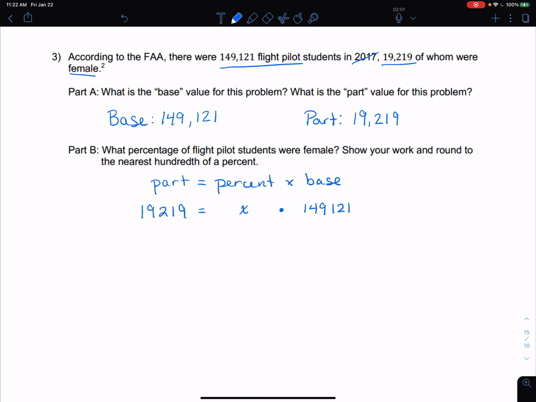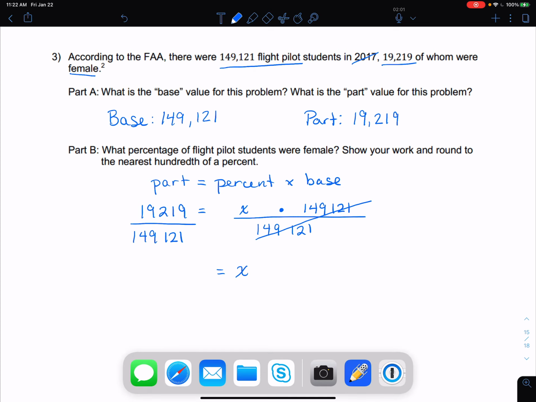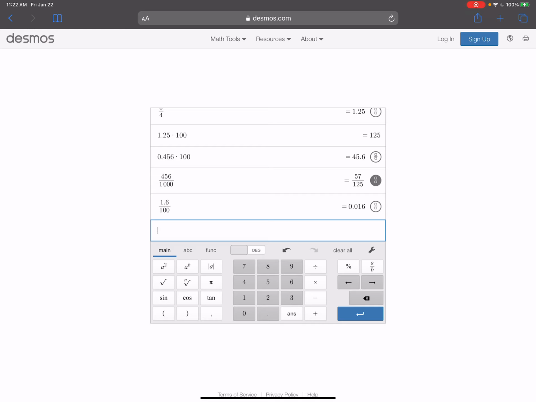So our goal is to get this X by itself. When we solve equations, we undo operations. It's X times that number. So to undo that multiplication, we'll use division. So I'm going to divide both sides by 149,121. On the right-hand side, those numbers cancel out, so I'll just be left with X. On the left-hand side, I need to go to my calculator.